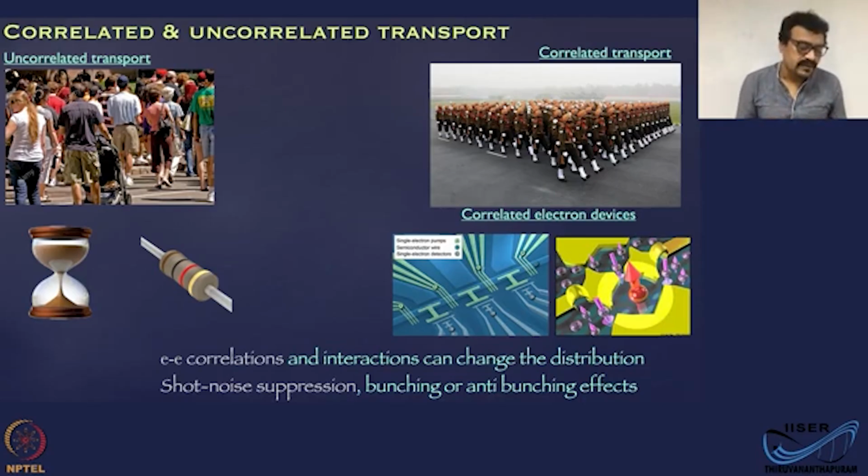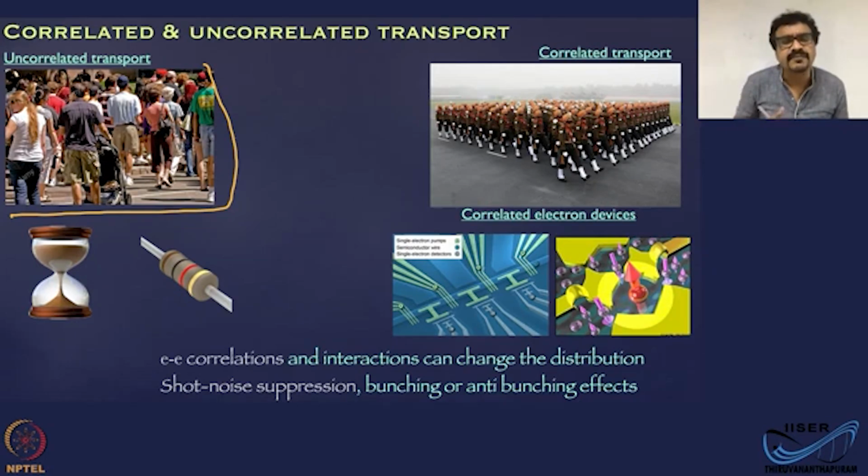When we say correlated transport, first of all, let's look into what is an uncorrelated transport, with a simple example. People walking on a street in a market, or people randomly crossing over the road in a market. If you stay there for the whole day and measure it, you will get a certain average number.